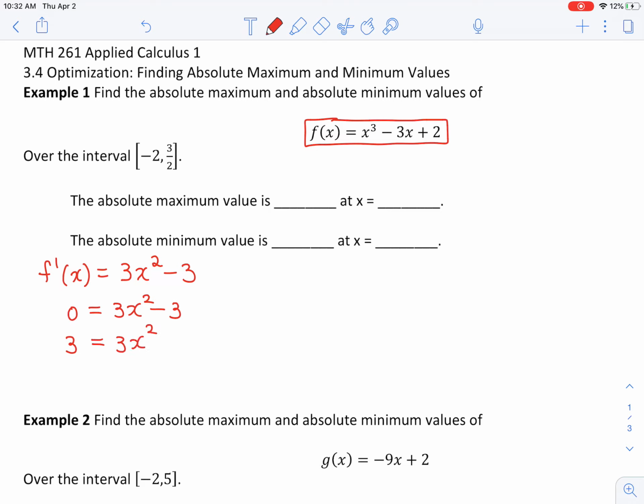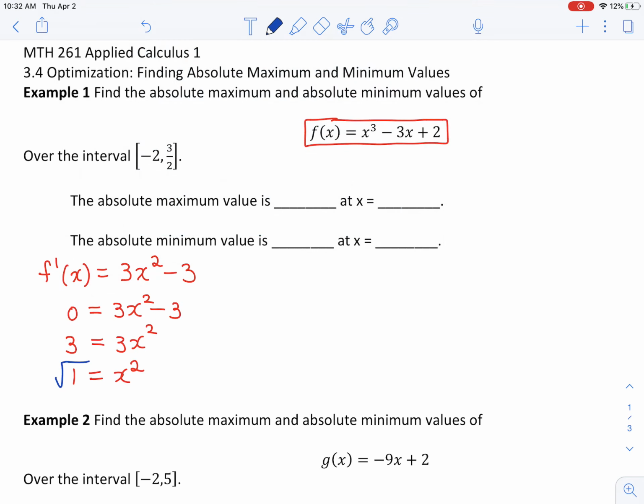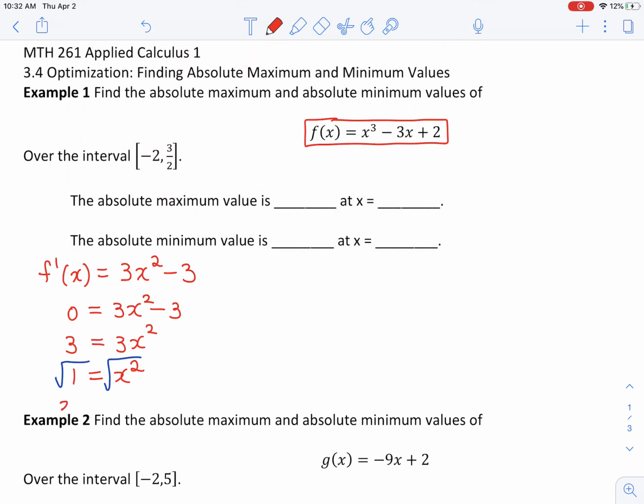If I add 3 to both sides, I get 3 equals 3x squared. Divide both sides by 3, I get 1 equals x squared. Now I take the square root of both sides, but notice that when I take an even root, not only do I get x equals positive 1, I also get x equals negative 1.